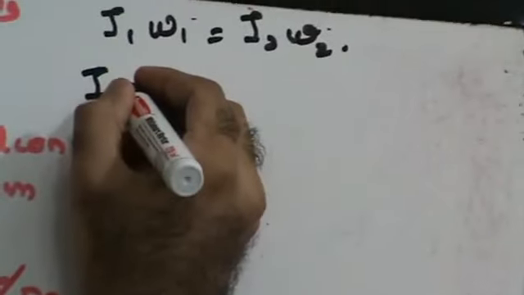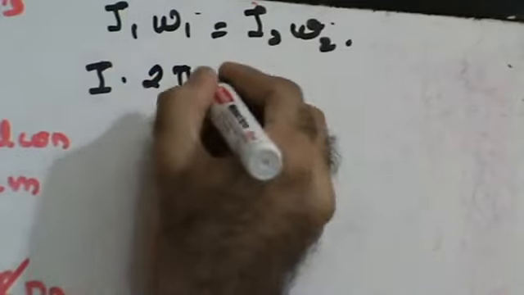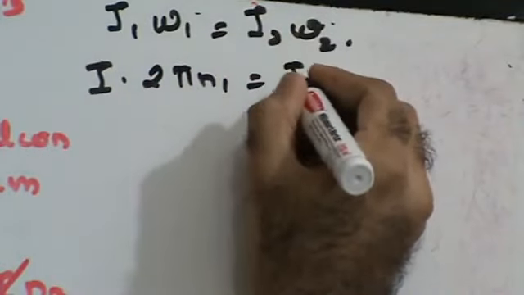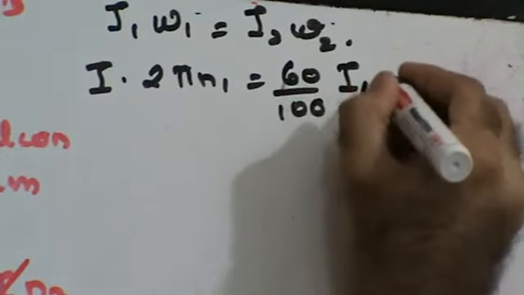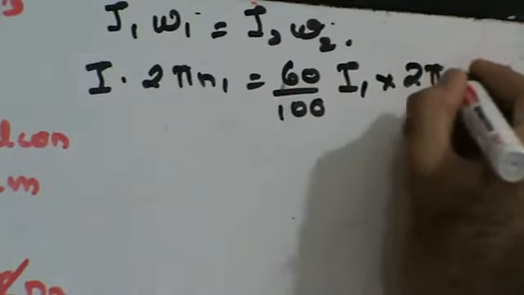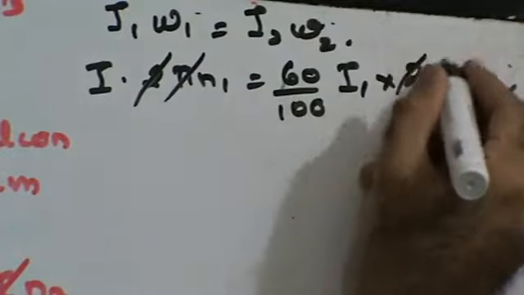I1 omega 1 can be written as I1 into 2 pi n1. I2 can be written as 60 upon 100 into I1. Omega 2 can be written as 2 pi n2. So 2 pi gets cancelled. I1 gets cancelled.